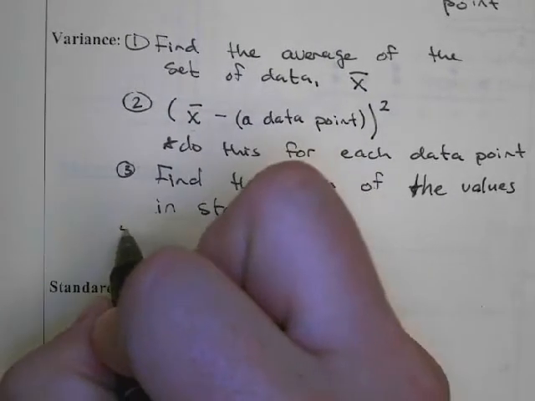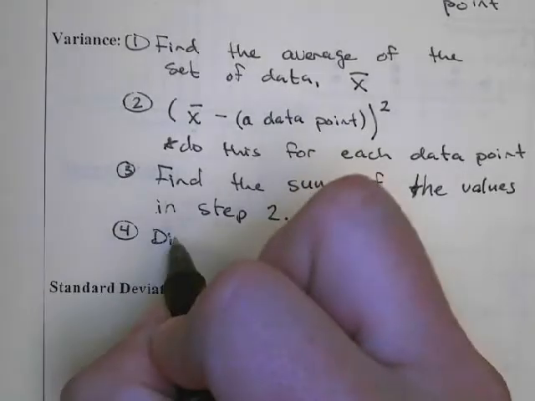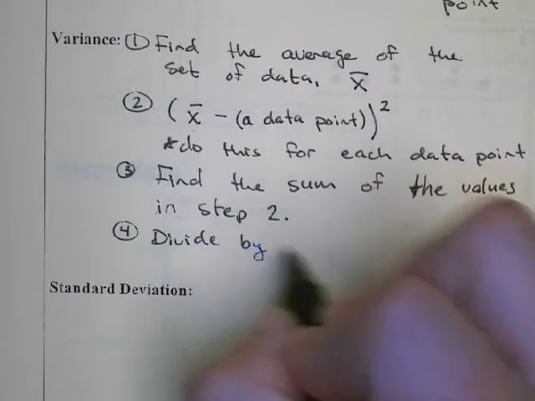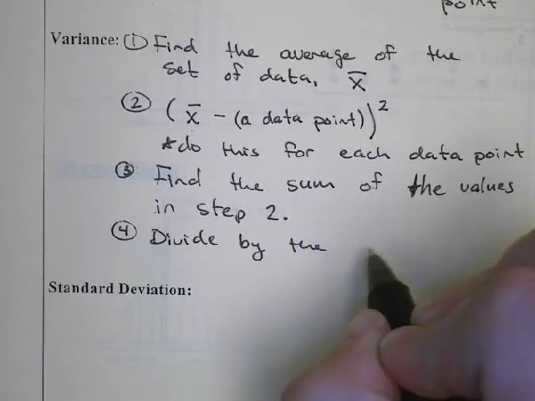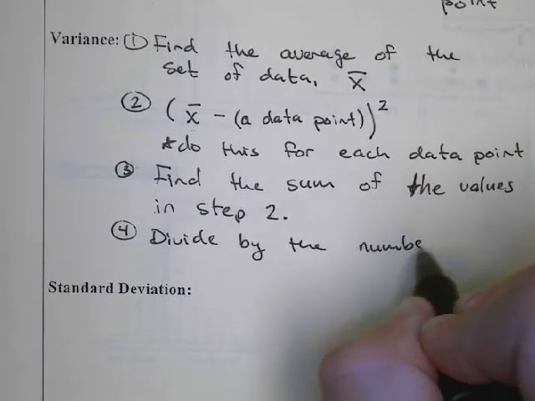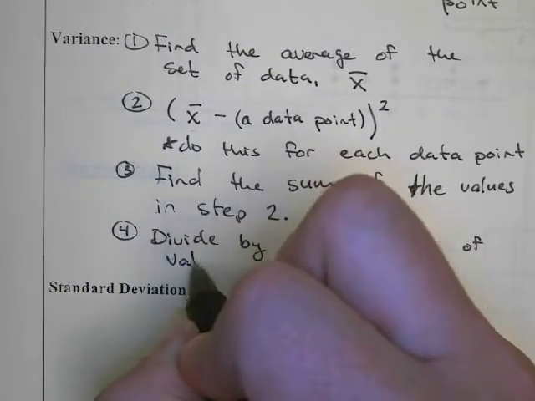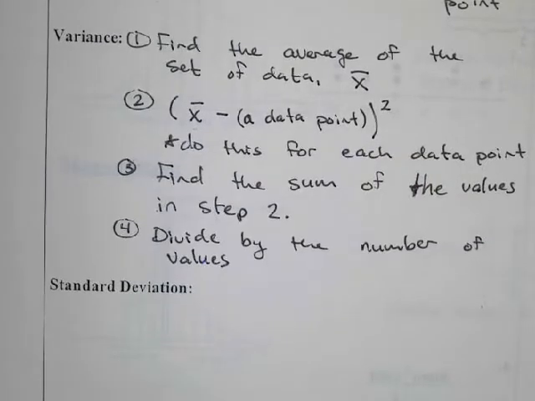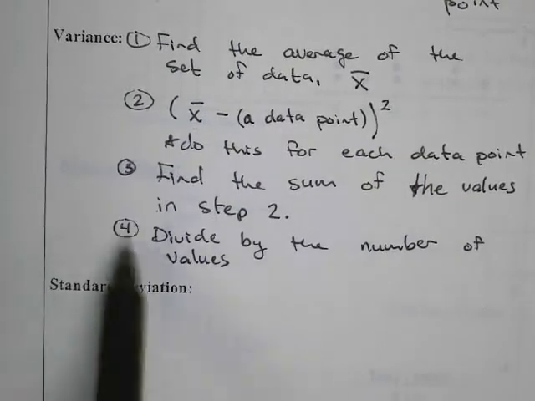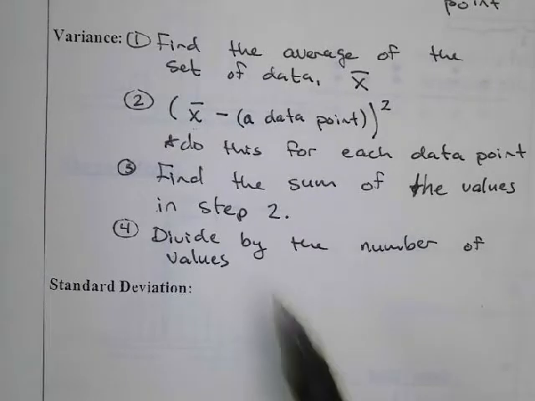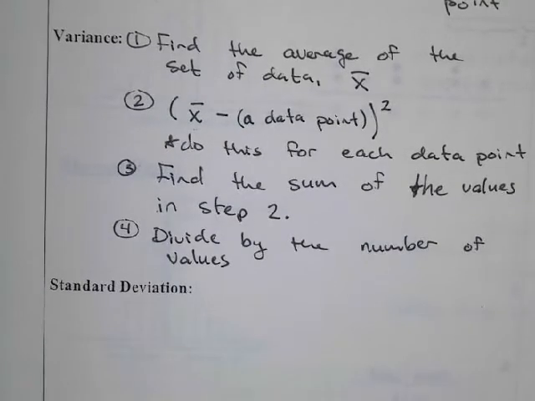Step 4, divide by the number of values. So essentially after we are done with step 2, step 3 and 4 is that idea of finding the average of all the values in step 2.